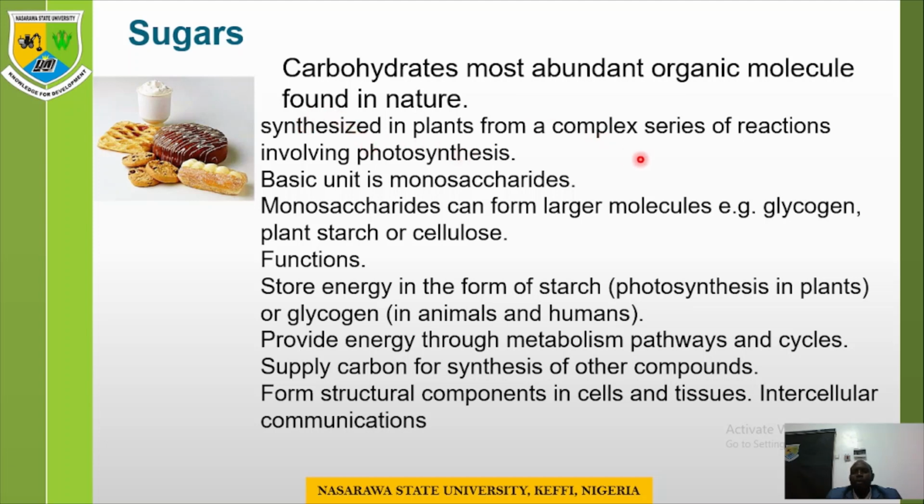Carbohydrates are synthesized in plants from a complex series of reactions involving photosynthesis. The plant synthesizes its own carbohydrates, but animals, we human beings and other animals, have to get carbohydrate from the food we eat. So the sources of carbohydrate include rice, beans, pounded yam, my best dish, of course.